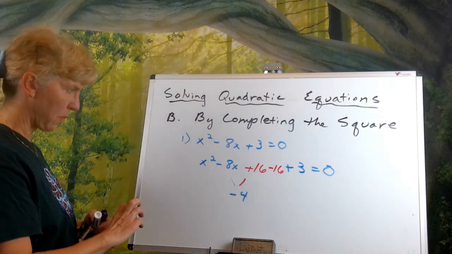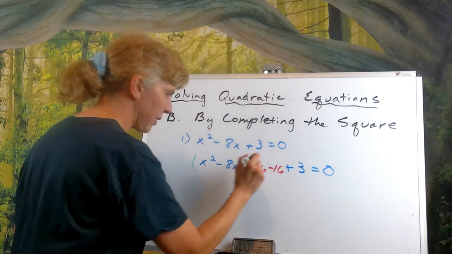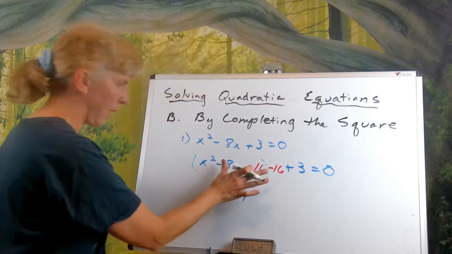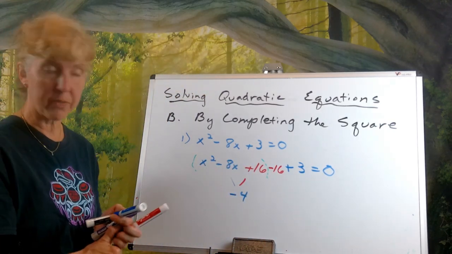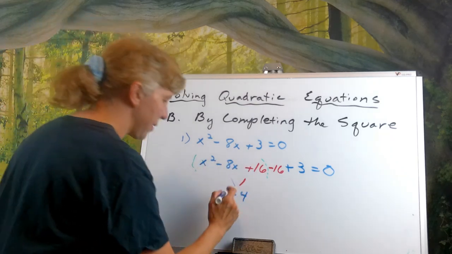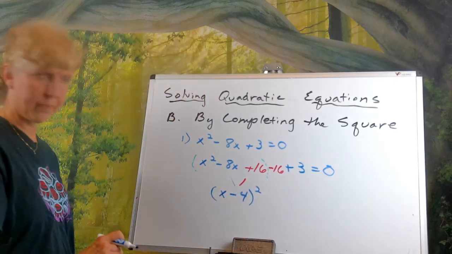Okay? So now what I've done, though, is if you look at this section right here, I've created a factorable and in fact a perfect square. This factors to this, all right?